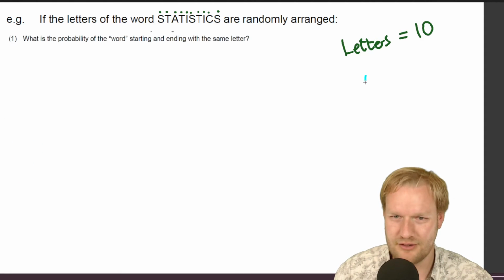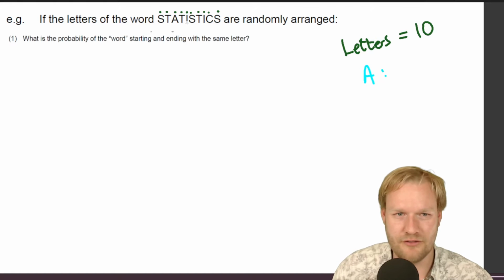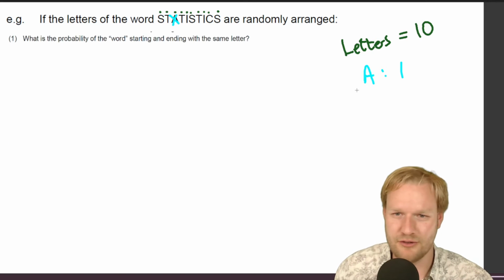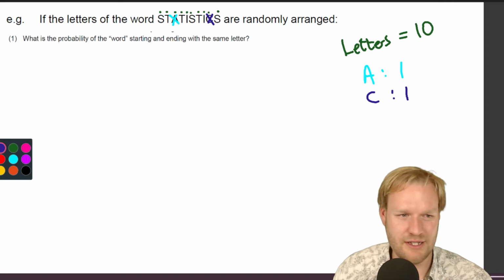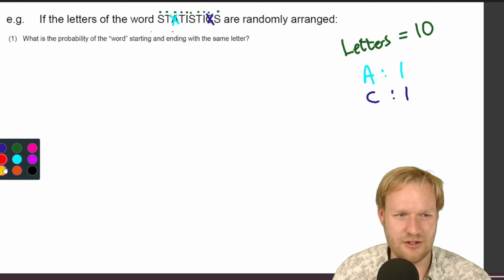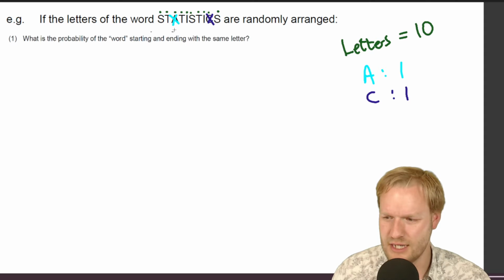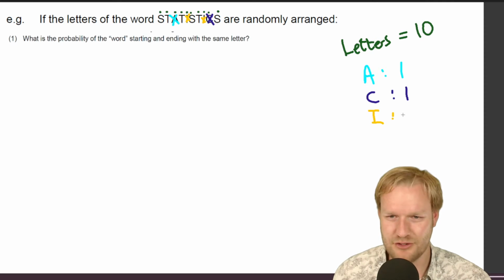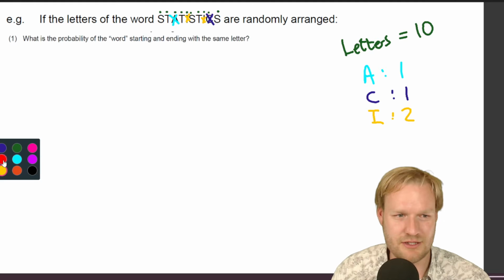The number of A's: there's one A. The number of C's: there was just one C, but we're really interested in the ones that are doubling up. So it looks like there are a couple of I's. Two. I'm going to write my I like an I, so it looks different to a 1. So there are 2 I's.